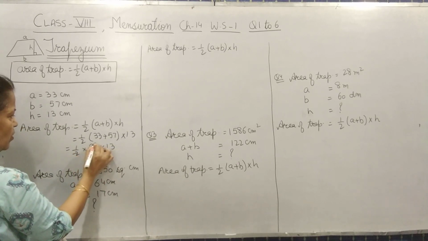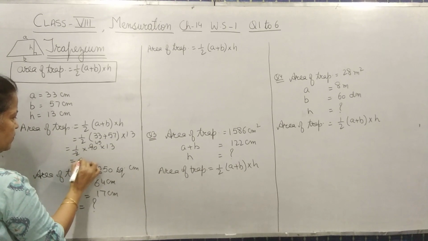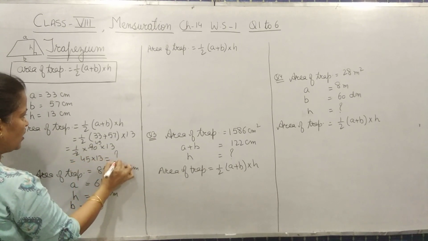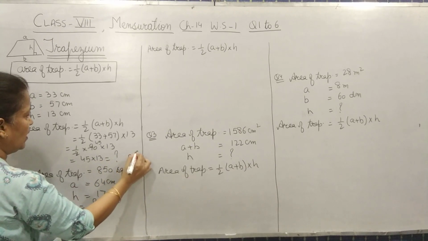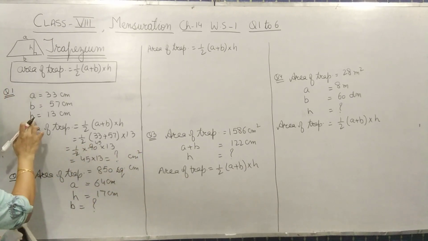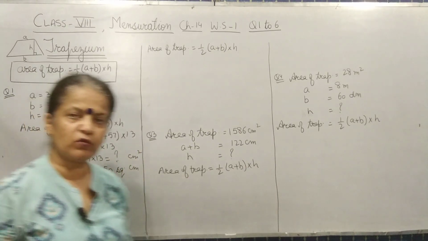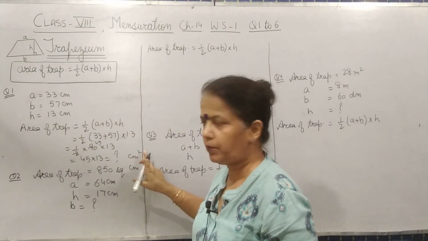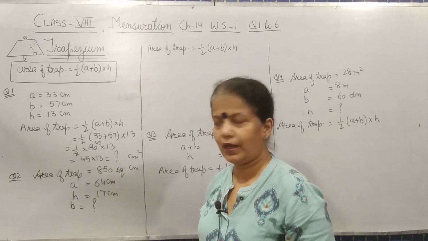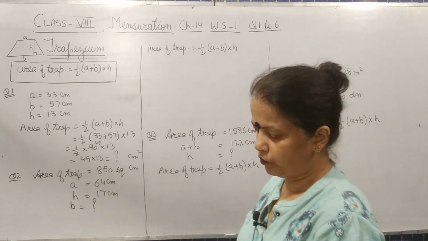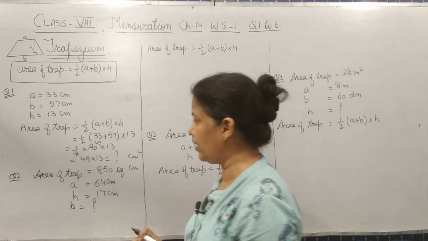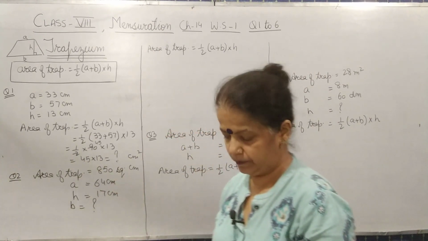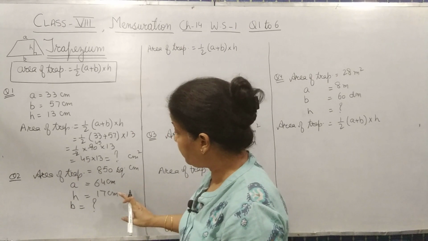Now you solve this. 45 multiplied by 13, whatever answer you get will come in centimeter square, since the area unit is always in power 2. Clear?